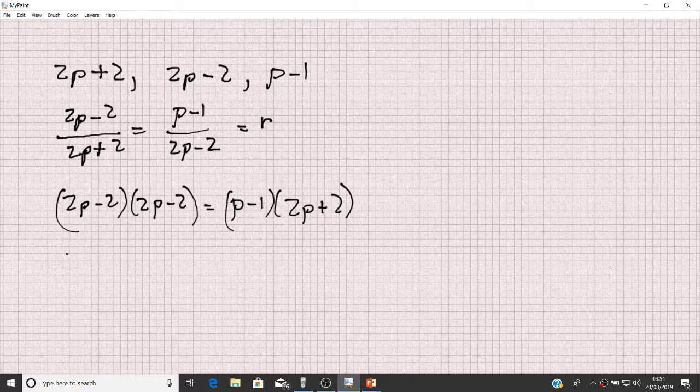So on the left, I'm going to have 4p squared minus 4p minus 4p, which will be minus 8p plus 4.